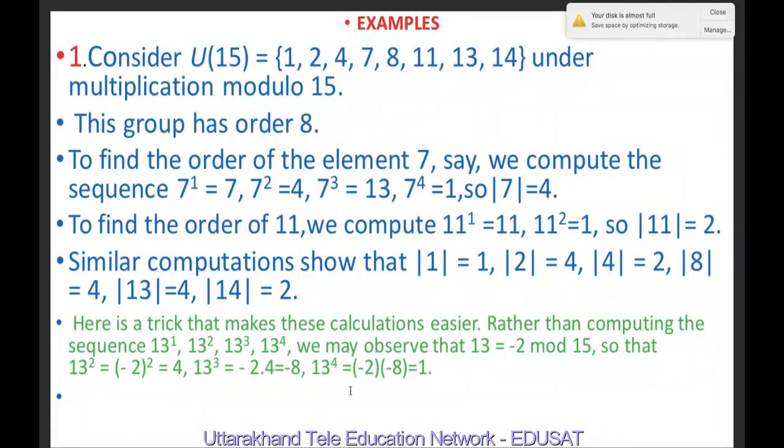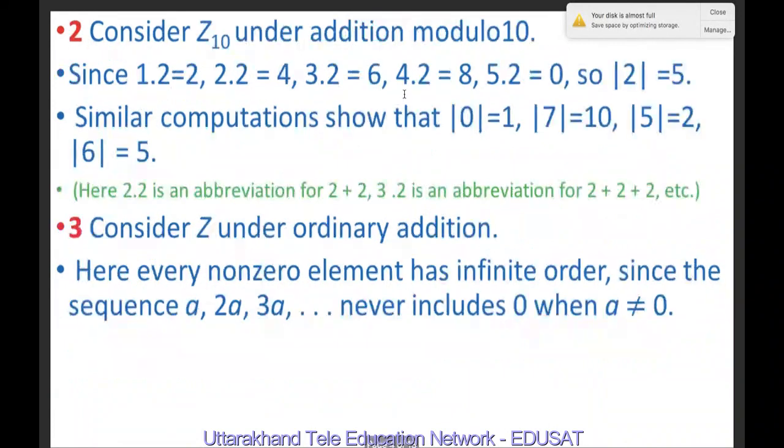You will get the remainder, and keep writing the remainders in front of the sequences until you reach the identity element, which is 1 here. So this is the way to calculate the order of elements of the group U15 under multiplication modulo 15.